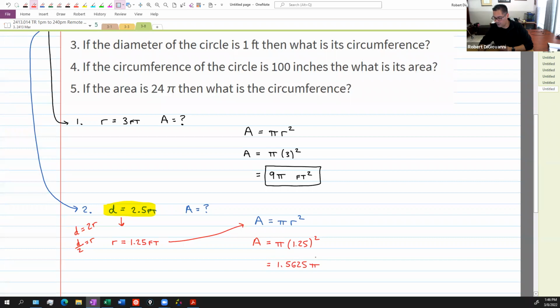But then I'm going to approximate that, times pi. It's approximately 4.91 square feet.